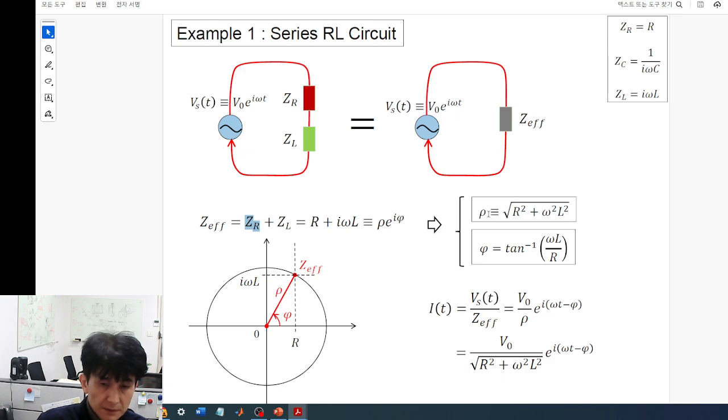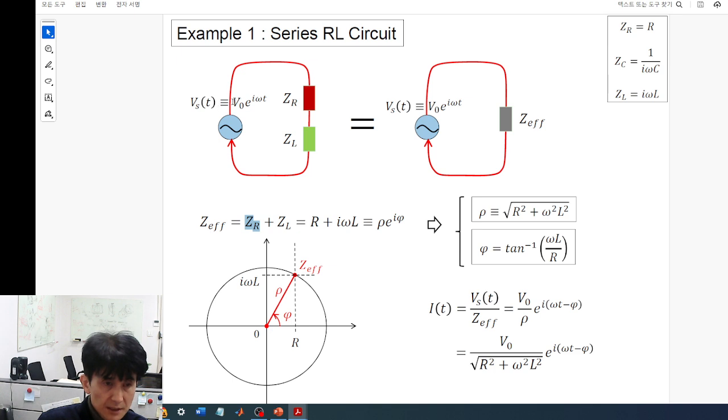Here the magnitude is the square root of R squared, the real part squared, plus omega squared L squared, that's the imaginary part squared. The phi is the arctangent of the imaginary part over the real part, omega L over R. So that's the phase.